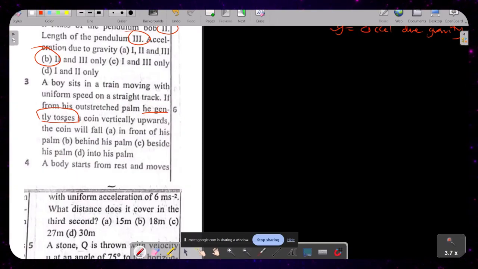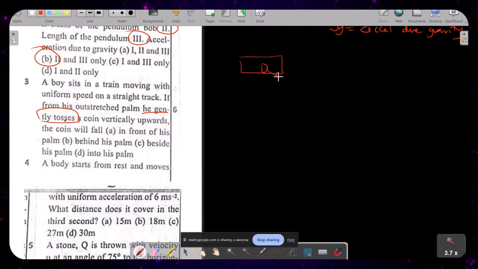So what happened? This is the boy, this is the moving vehicle, and the boy is inside this moving vehicle with his palm outstretched, and he threw the coin gently, vertically upward. What happened? Automatically, the coin will fall back into his palm. Why is this so?